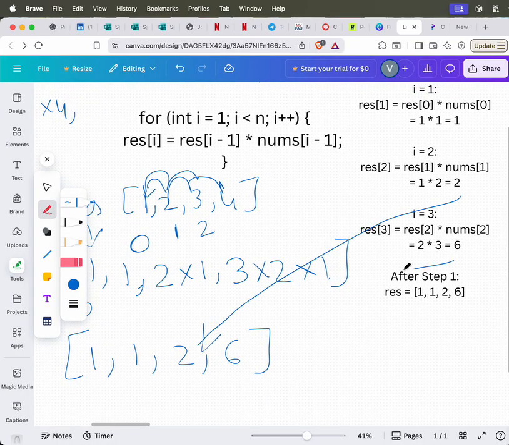When you take the third index, you got 6. This is how you got 1, 1, 2, 6. This is just simple code. The resultant array is multiplied by nums of i minus 1, the original array. I just showed you here.